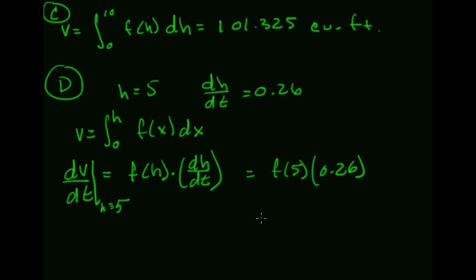Which should give me 1.694 cubic feet per minute. All right, so there's that problem. You just throw the 5 into that f of x or f of h, and then you multiply it by the dh/dt, and you get the related rate. All right, so let's move on to number 2.